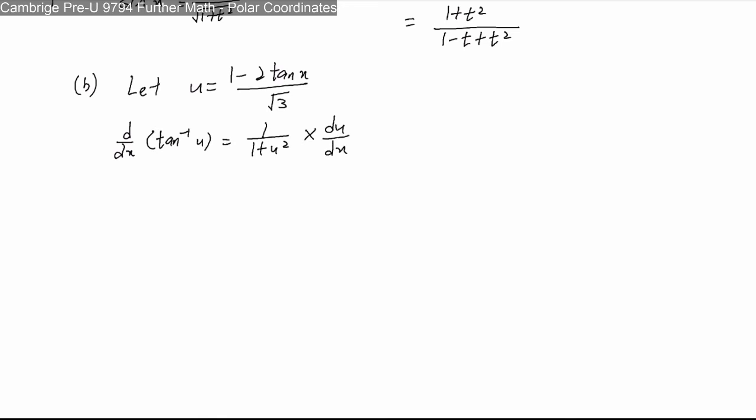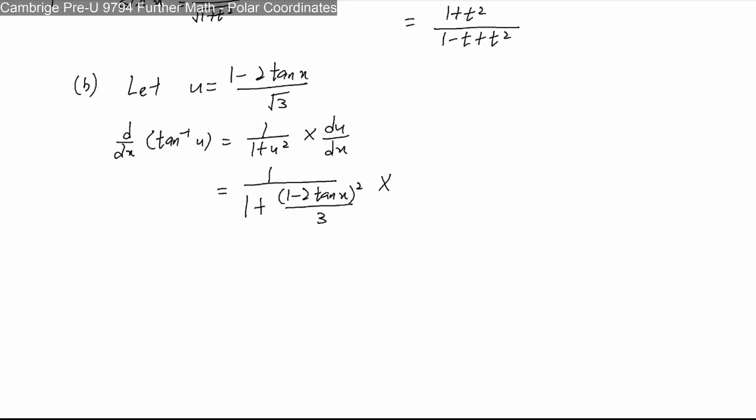When we substitute this u in, this is not so friendly to work with, so we need to be careful. We have 1 over 1 plus u squared, times du/dx. So du/dx means we have to differentiate 1 minus 2 tangent x over root 3.